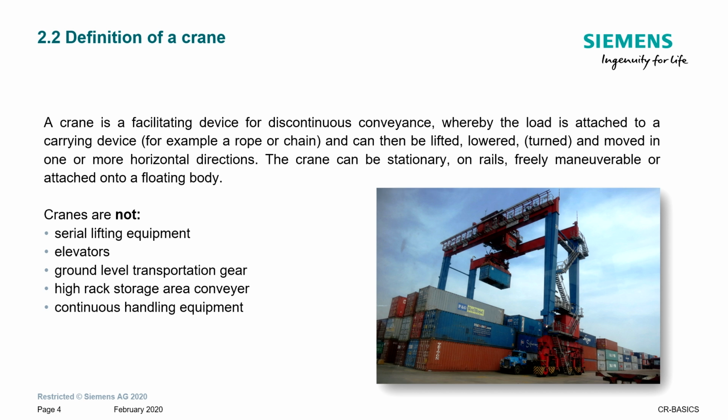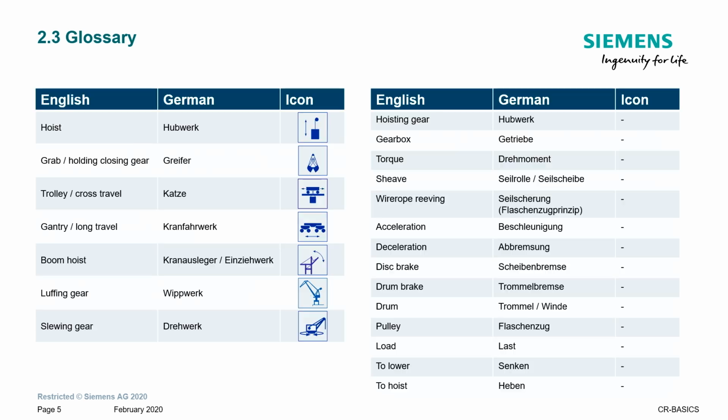Elevators are not defined as cranes, and transport AGVs will also not be handled this week. We have a bit of glossary for you with the German wording and the English wording, and also the icons we will use during this week. You can go through it on your own. I will not explain in detail all the listed parts here.